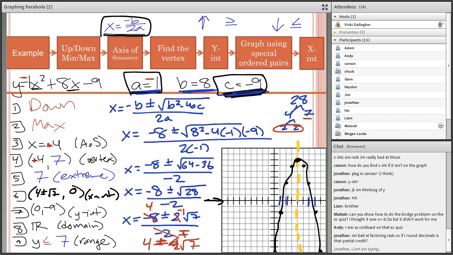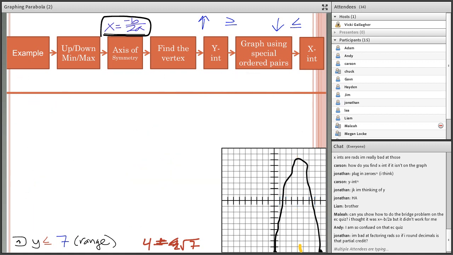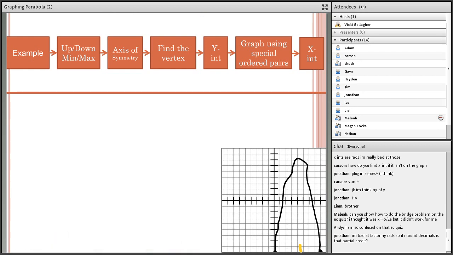Do you guys have a preference on a vertex one that you want to see? Or somebody wanted some from the quiz. Which ones did we want from the quiz?